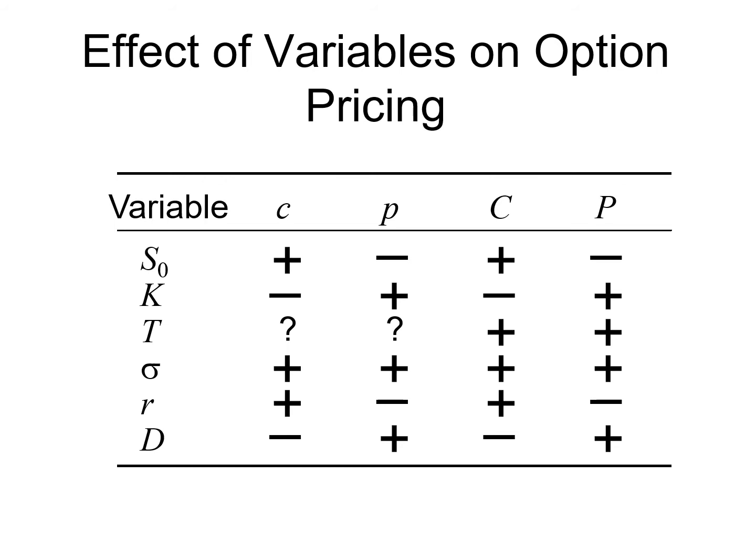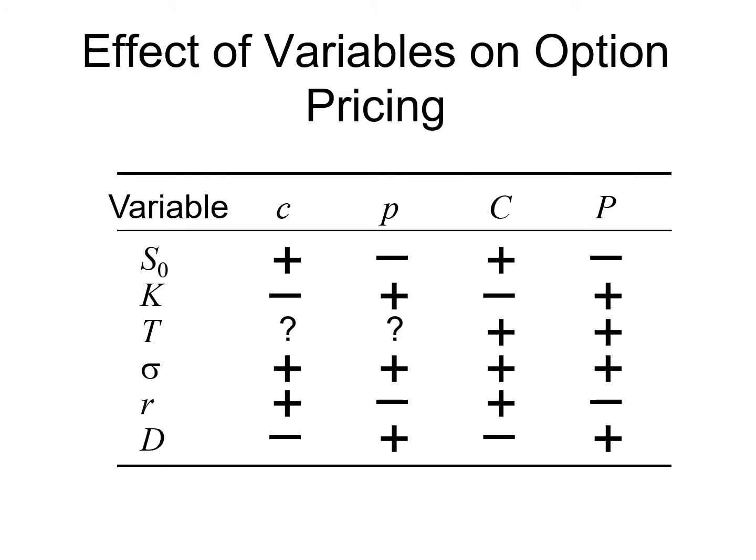Capital C is the European or American call option, and capital P is the American put option. Variable S is stock price, K is strike price, T is time to maturity, sigma is volatility, r is the risk-free interest rate, and D is dividend.